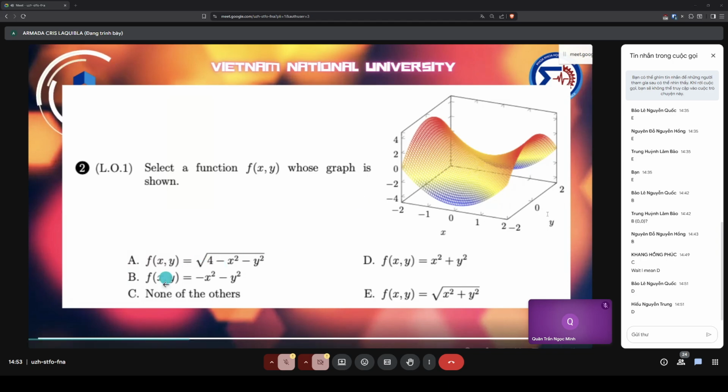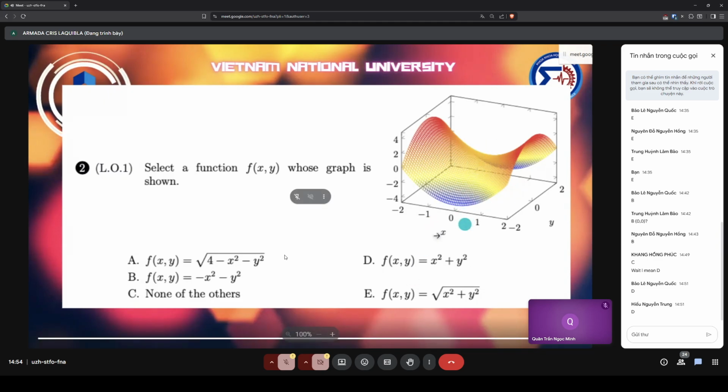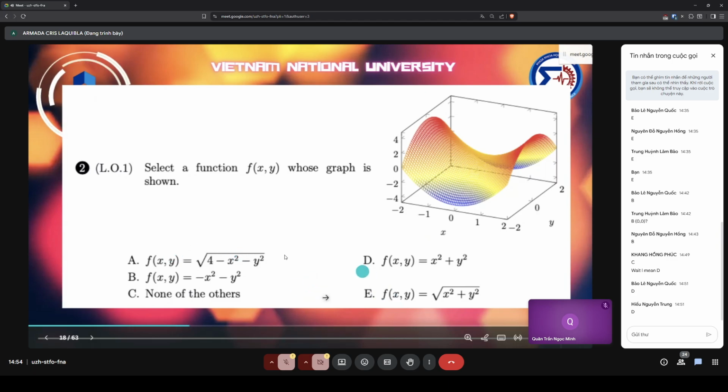Now you substitute it in your A, B, C, D, E, and that's it. Whichever satisfies the point is your function. If it does not satisfy that point, you pick another point that will satisfy the equation.